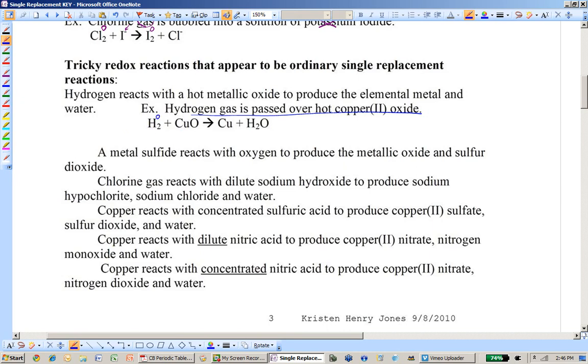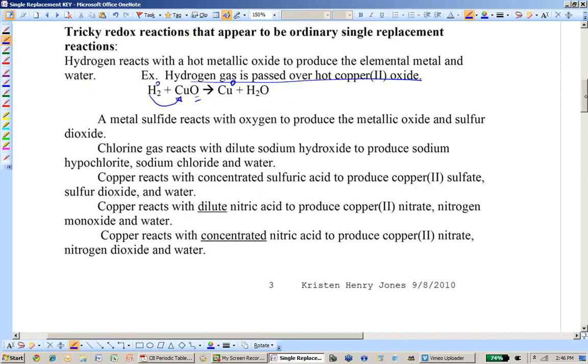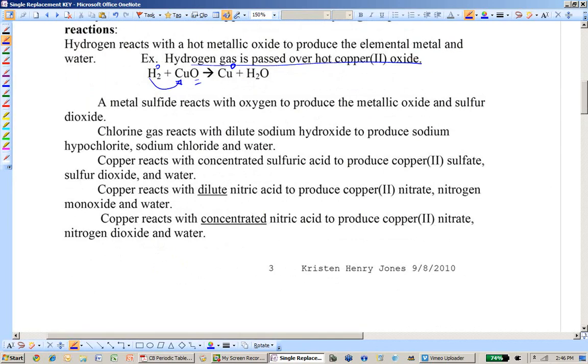What are you going to do? This element is going to bump that copper 2 out of there, and this is going to leave us with the element copper, and then the hydrogen is going to come and pair up with its good buddy oxide to make water. So a metal sulfide reacts with oxygen to produce metallic oxide and sulfur dioxide.